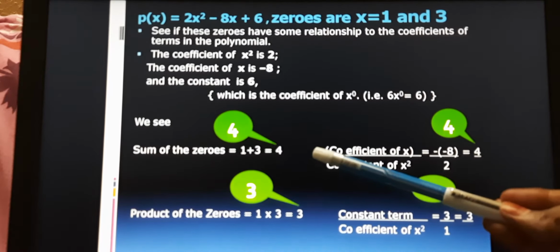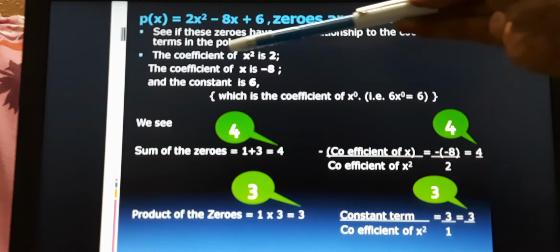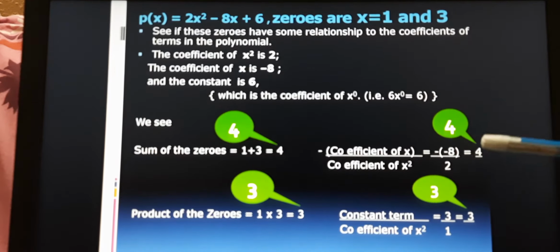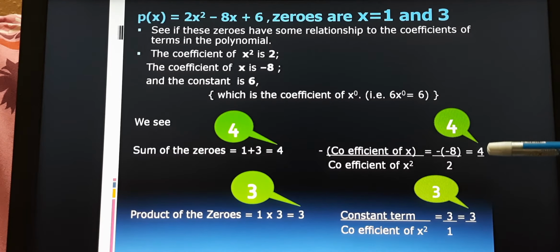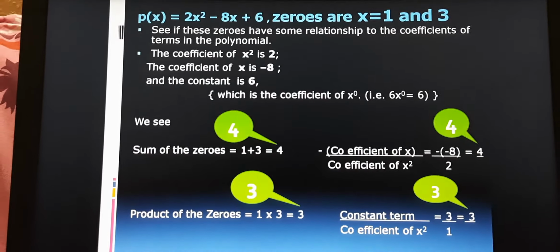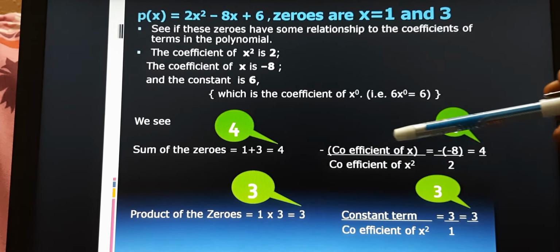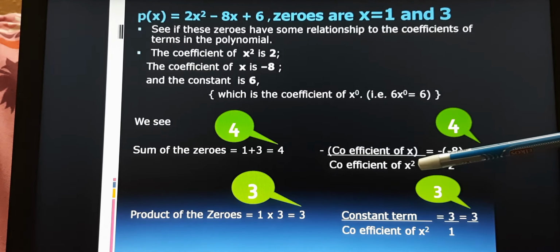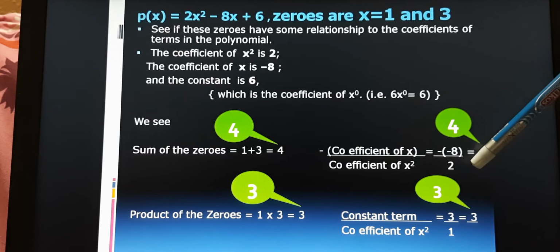We are taking the minus of the coefficient, so minus of minus 8, by 2, because the coefficient of x square is 2. 2 ones are 2, 2 fours are 8. So the answer is 4. Here also 4, here also 4. Here we got the sum of zeros, and here minus coefficient of x by coefficient of x square. The answer is the same in both cases.